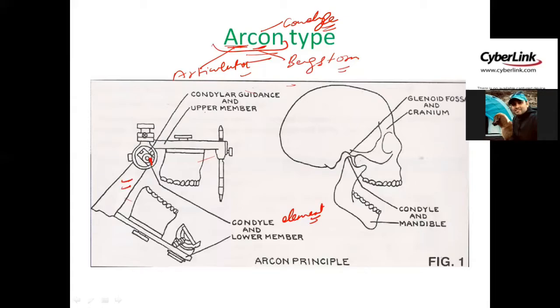And the condylar guidance is attached to the upper member. Exactly opposite in non-Arcon type. We will discuss later on. Okay. The condylar element is attached to the lower member of the articulator and the condylar guidance is attached to the upper member. The articulator resembles the temporomandibular joint.